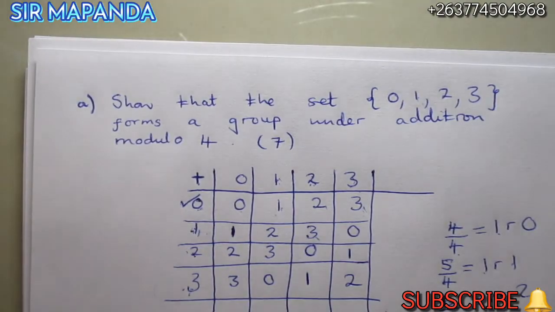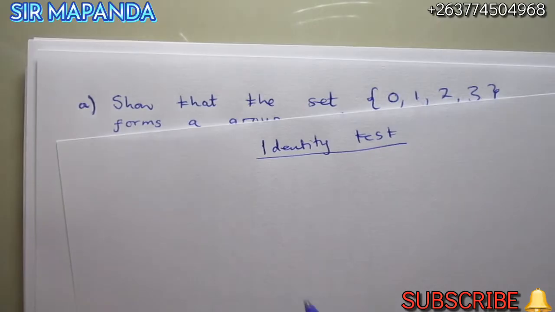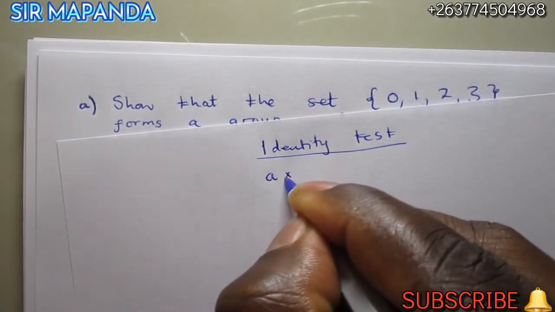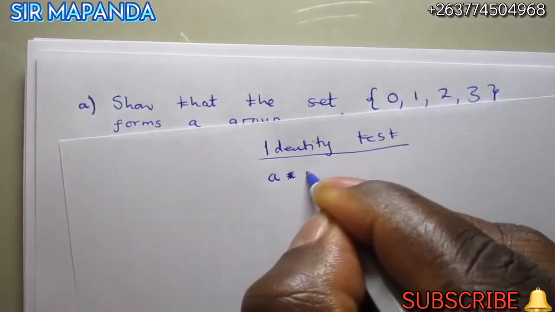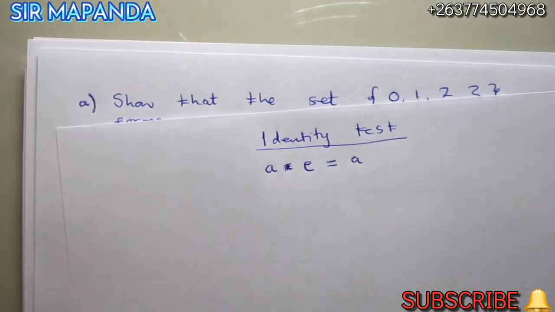I hope you are following. But how do you write the formula for the identity element? For a binary operator, for the identity element, we need to get A. So E is representing a number that adds, or that combines, with any term in the given set to produce the same term.